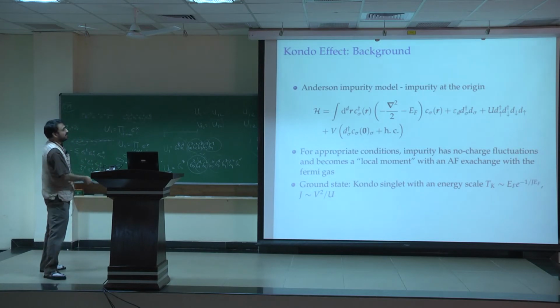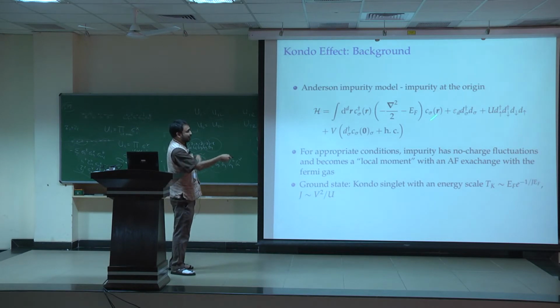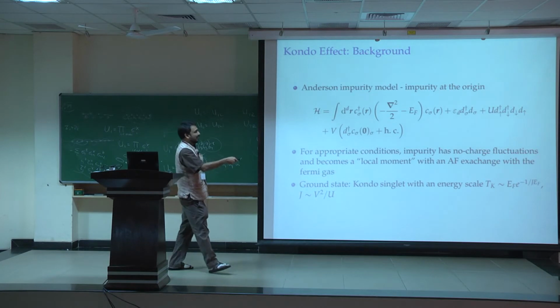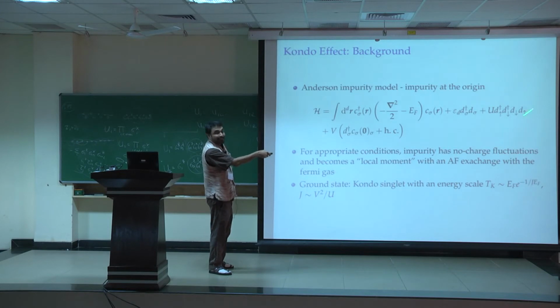It's just here. So what you have is a set of conduction fermions or free fermions in vacuum. And then you have some local state which can hybridize with this free fermion vacuum. And this local state, this so-called impurity, actually has interactions on it.